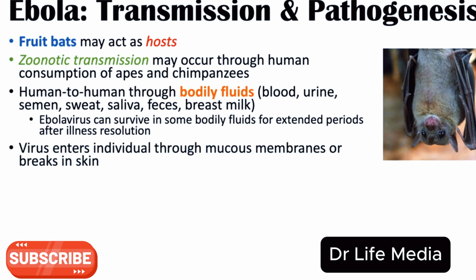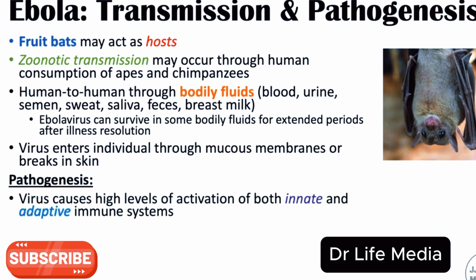And the virus itself, so when the virus is within a bodily fluid, it can enter into a non-infected individual through mucous membranes. So you can think of the mouth, the eyes, those types of areas, and breaks in the skin. So any cracks or any wounds can be a point of entry. So when the virus has entered into an individual, what happens?